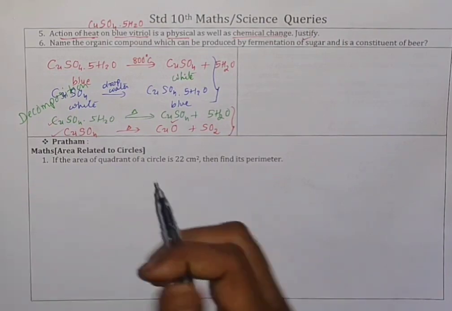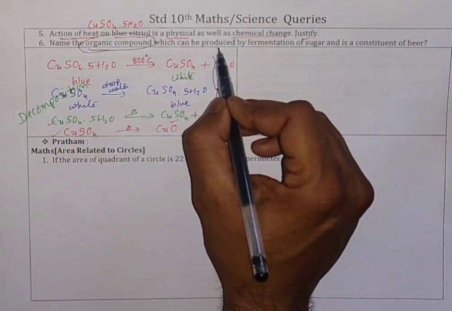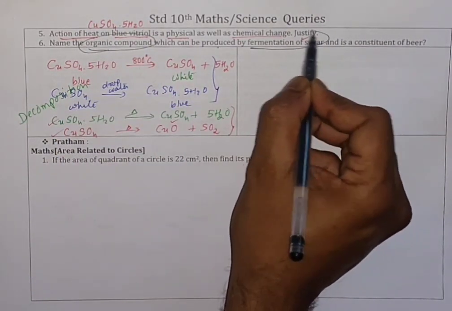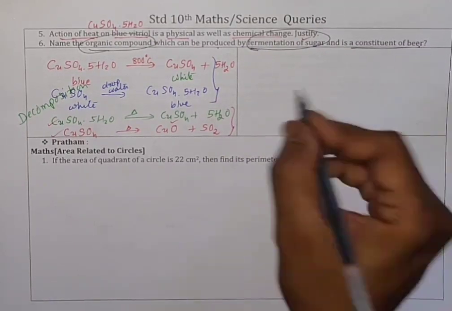Alright. The next one. Name the organic compound which can be prepared by fermentation of sugar and is also a constituent of beer.